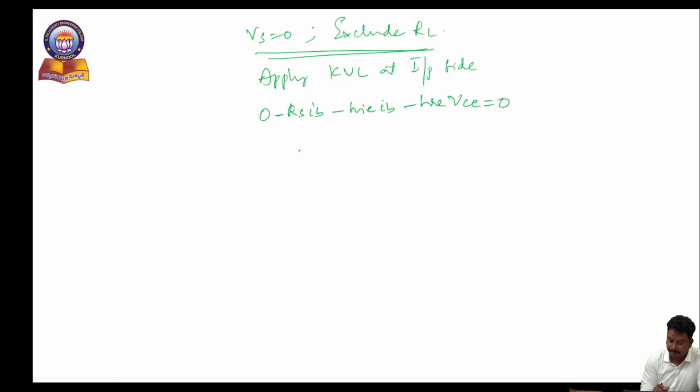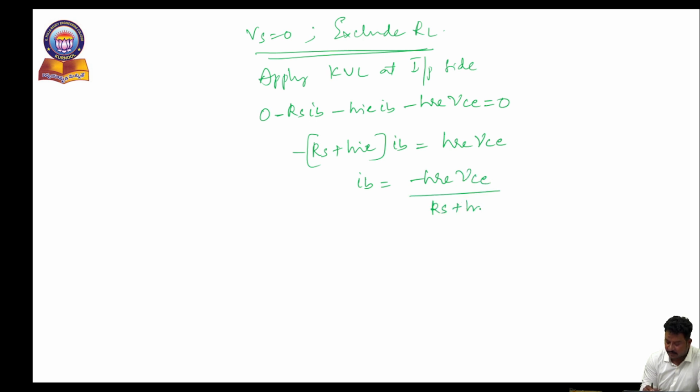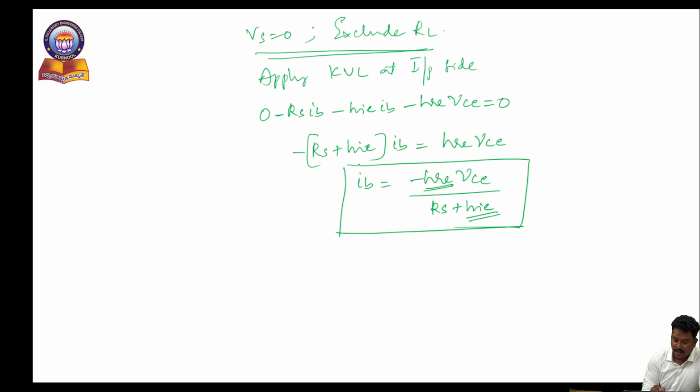Excluding this, minus of (R_S plus h_ie) into I_B equals h_re into V_CE, and from this I conclude I_B is equal to minus h_re V_CE divided by R_S plus h_ie. This is the I_B equation in terms of the reverse voltage gain and the input resistance.